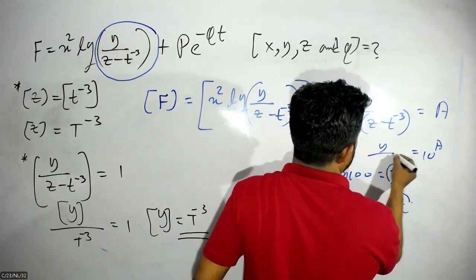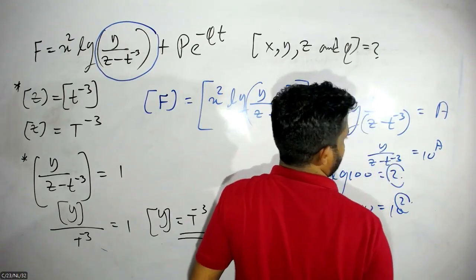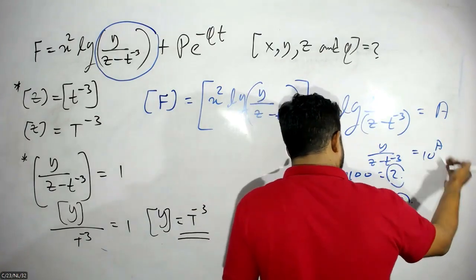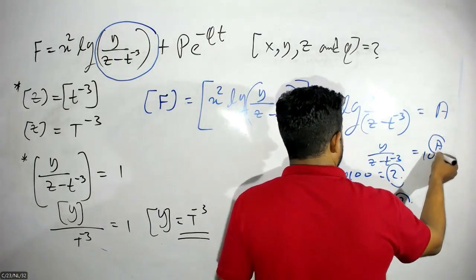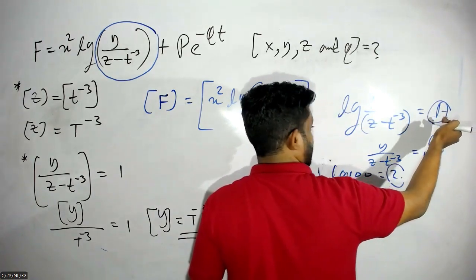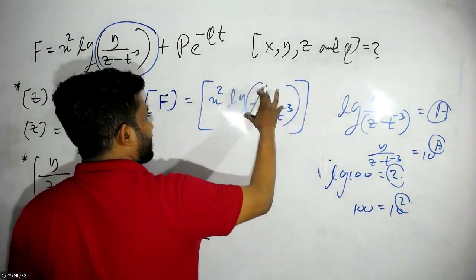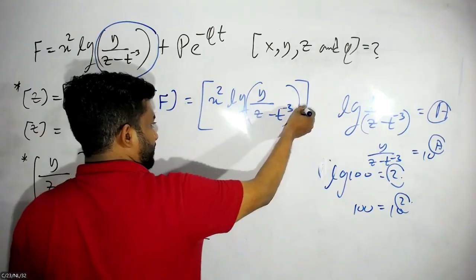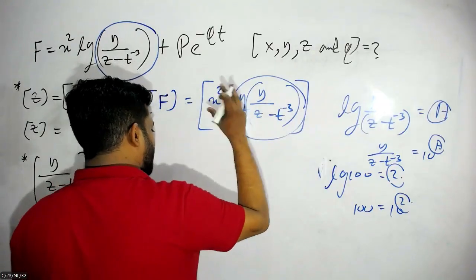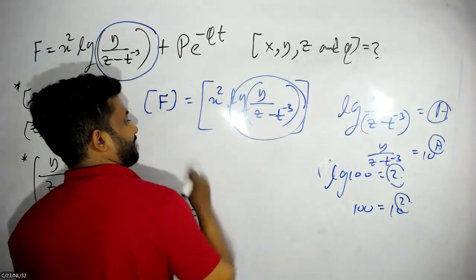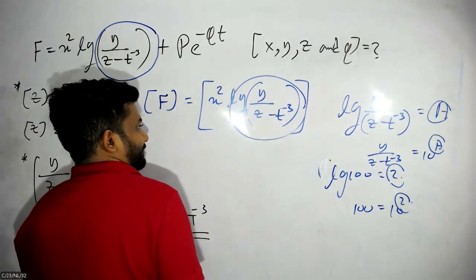Will give y over z minus t to the power minus 3, right? And this one cannot have dimensions or units. Therefore, the dimensions of this term should be 1. This term cannot have dimensions. Because why? This term is a log value, right?